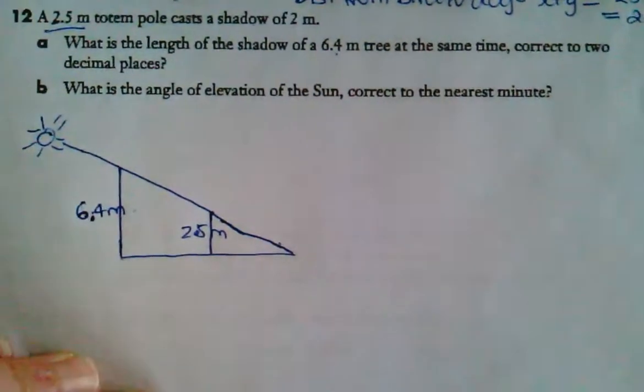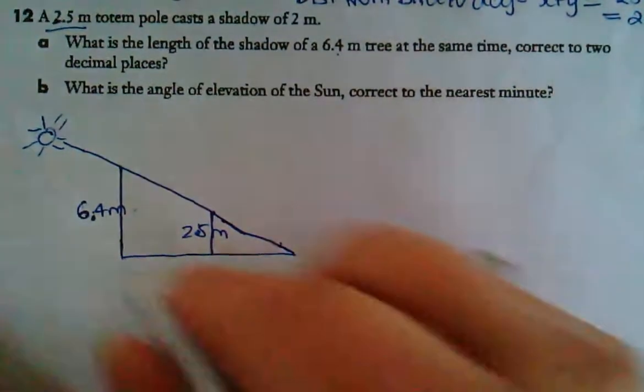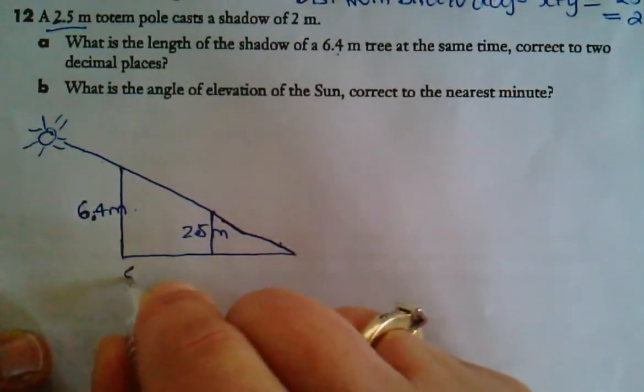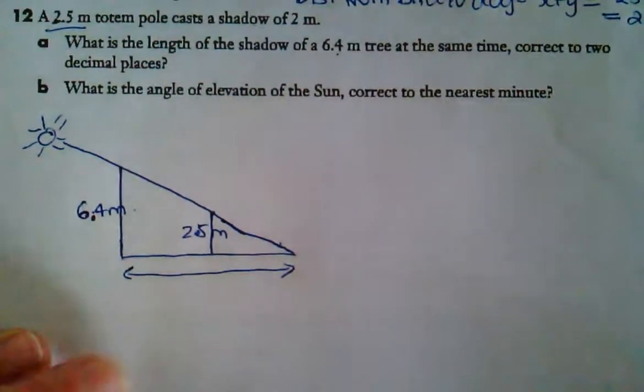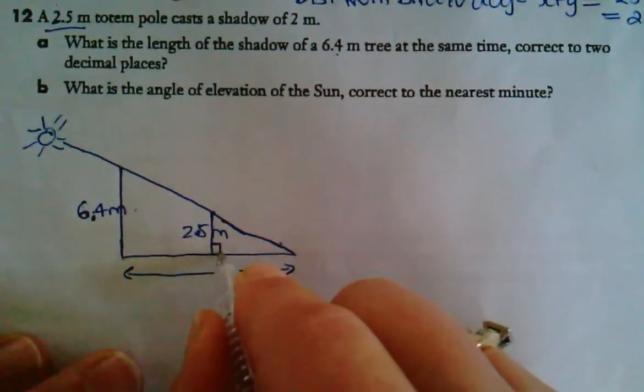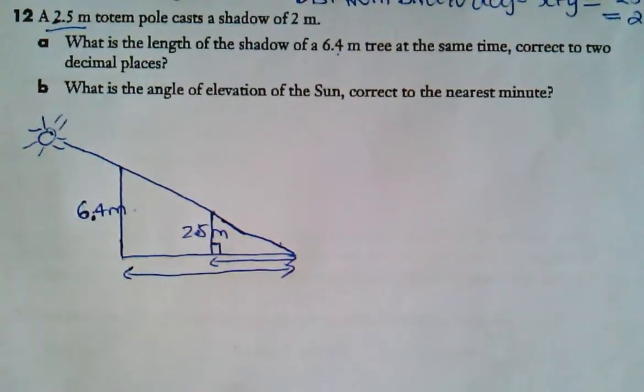I mean, I can draw the two triangles separately, but I don't want to. I can draw them separately in a minute. But there's the tree. This is the shadow of the tree, right? And this is the shadow here of the totem pole. Now I'm going to have to do that again.